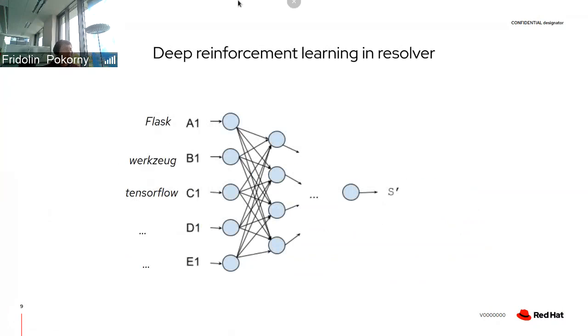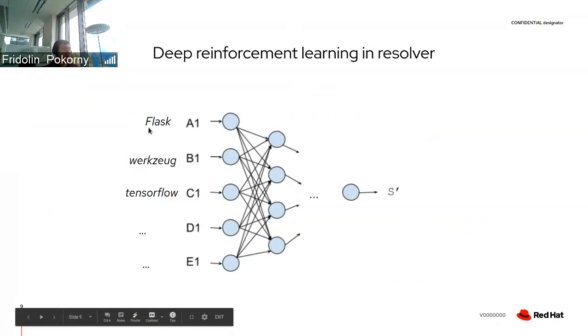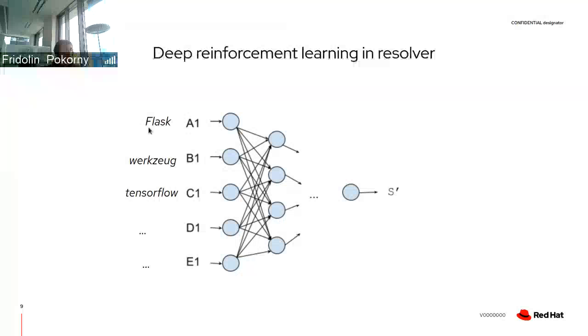As you can see, these input nodes have assigned packages, and then we have a regression where we predict what will be the score if we take some path.